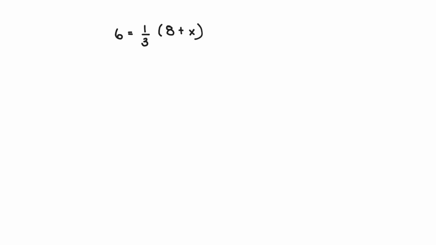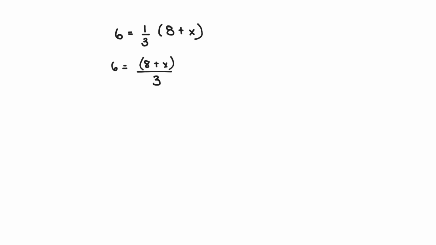So here's our first example. We have 6 equals 1/3 times (8 plus x). Another way we could write that is 6 equals (8 plus x) all over 3. So this is another way of demonstrating that fraction. Remember, the denominator is a dividing sign.